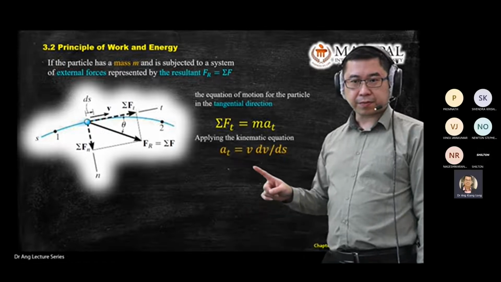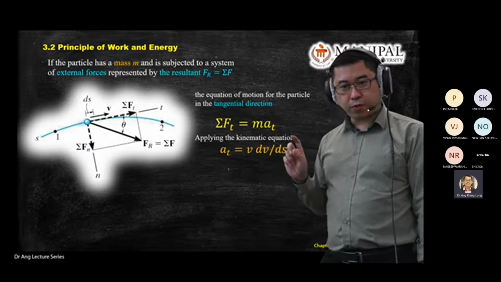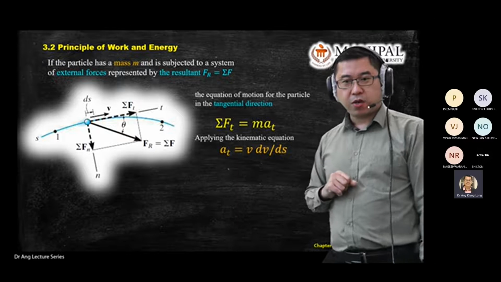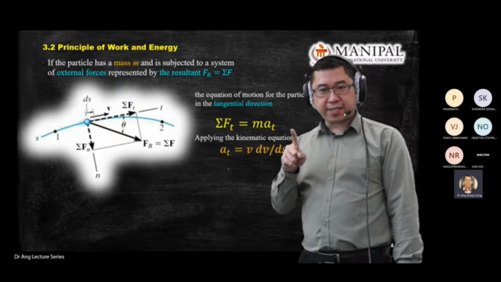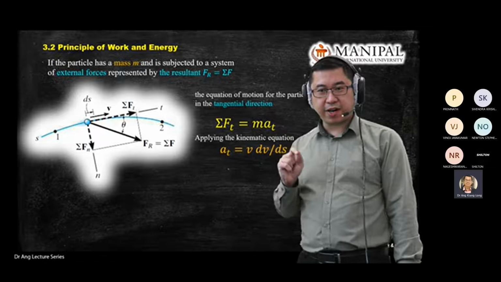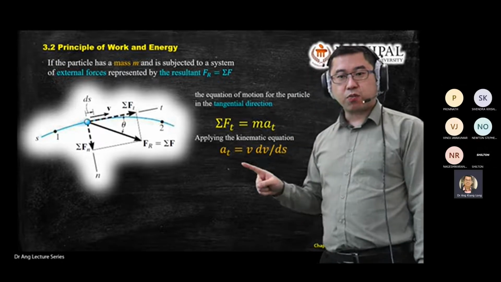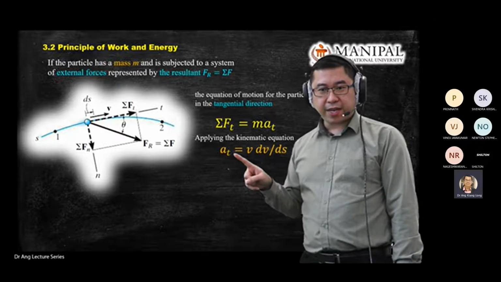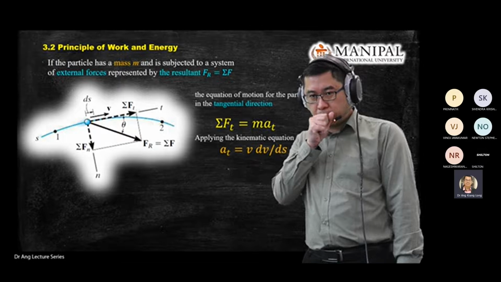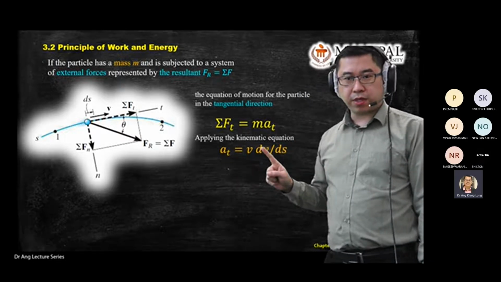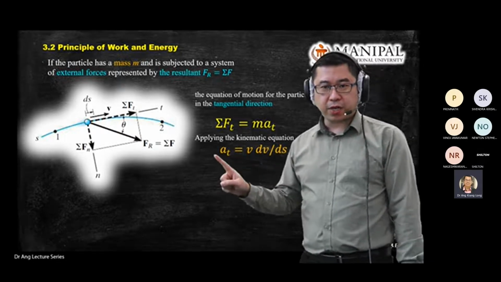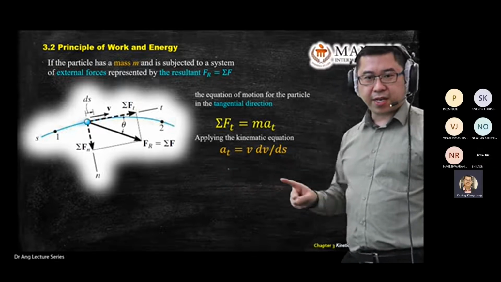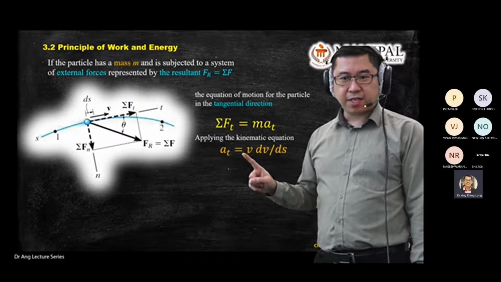Okay. Now you need to recall one of the equations we learned in chapter 1 when we derived the ST graph to VT graph to AT graph. There's one equation that we derived, a equal to v dv over ds, or a ds equal to v dv.